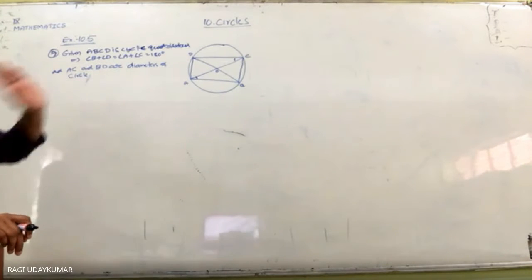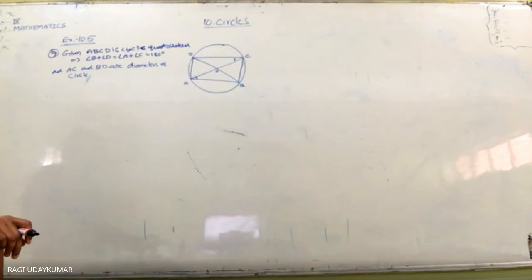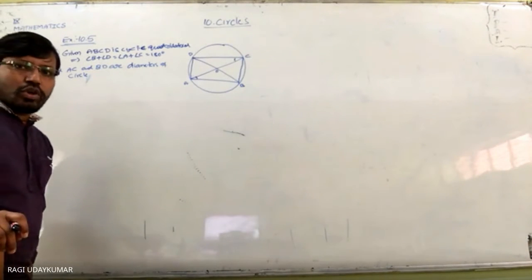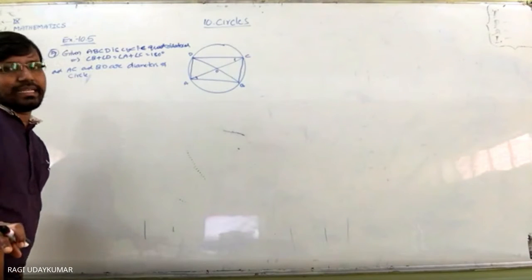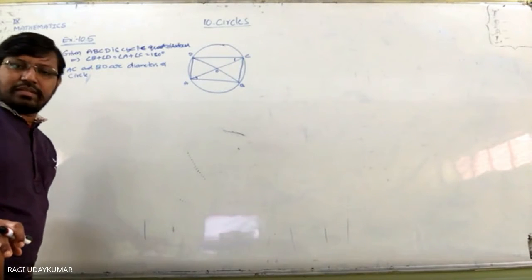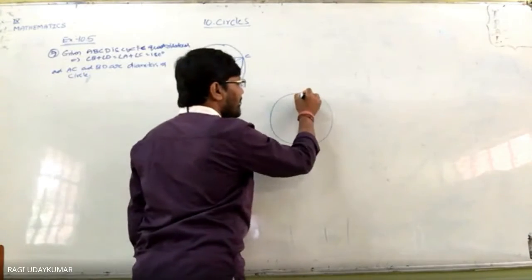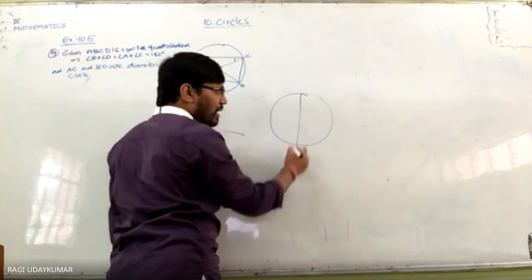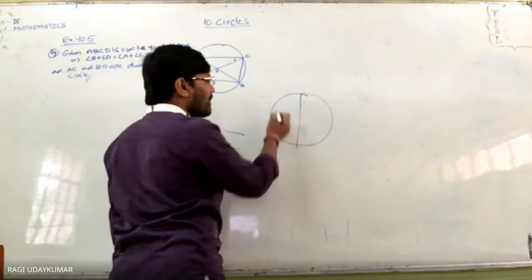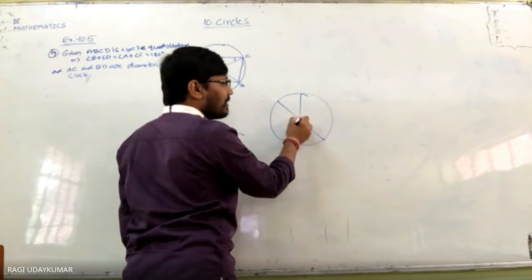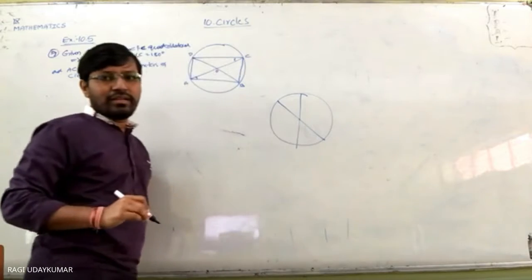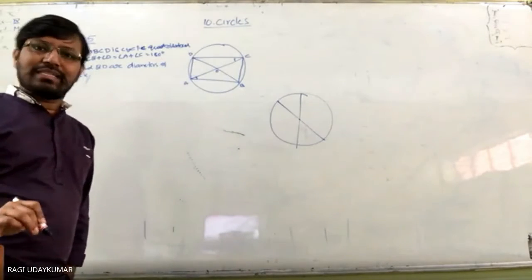So these two are diameters, it is given. Two diameters whenever you draw, the intersecting point is the center. Isn't it obvious? Any circle you take into consideration. Here I am trying to draw. इसमें center क्या है पता है, but if I draw another diameter, then compulsorily the intersecting point is the center.